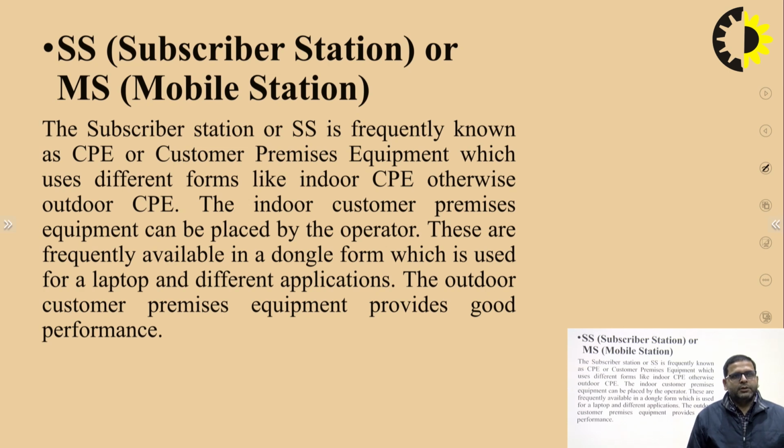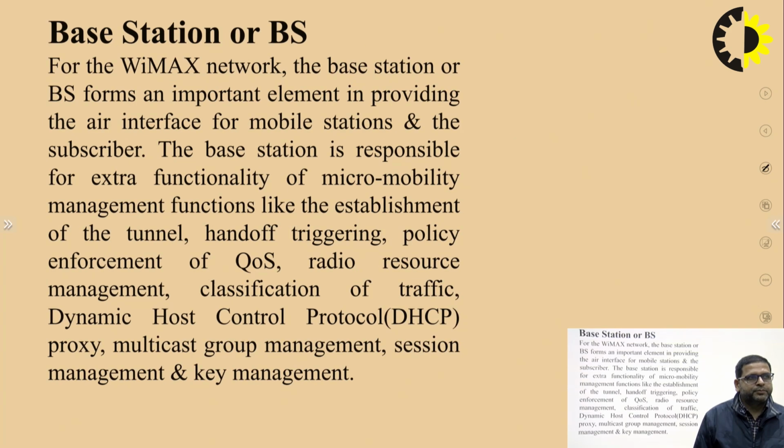The subscriber station is frequently known as customer premises equipment, which takes different forms like indoor customer premises equipment or outdoor customer premises equipment. The indoor customer premises equipment can be placed by the operator. These are frequently available in a dongle form, which is used for a laptop and different applications. The outdoor customer premises equipment provides good performance.